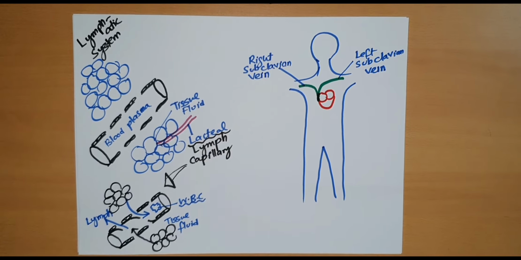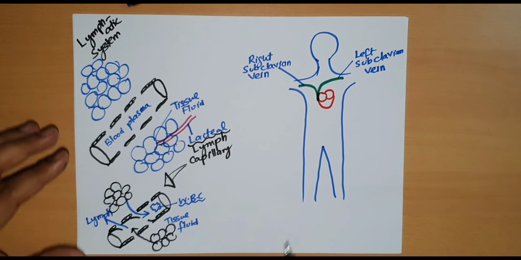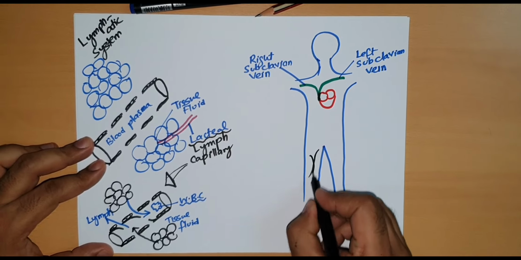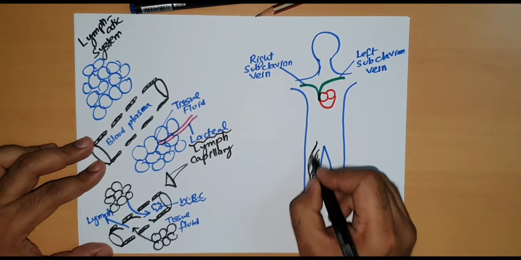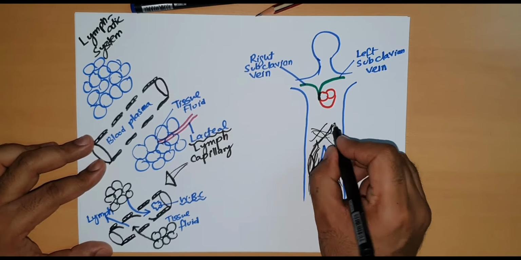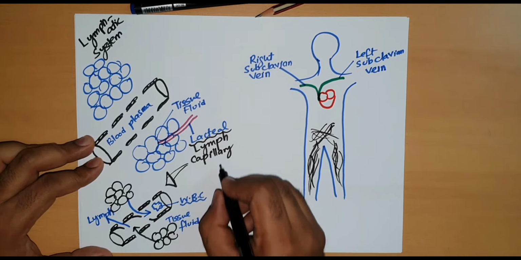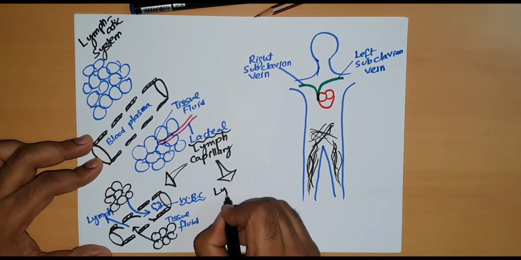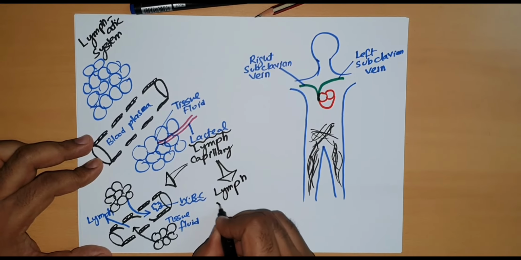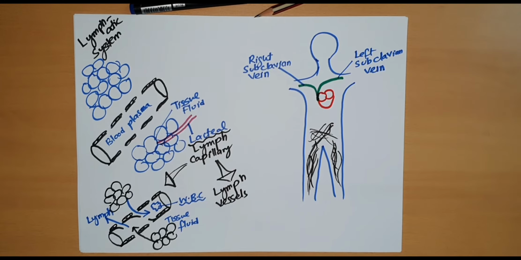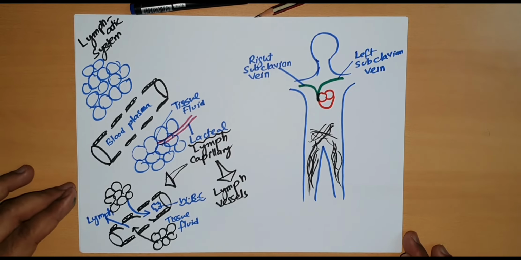Now, these lacteals or lymph capillaries join together from both legs. Remember one thing, when these lymph capillaries join together, they make lymph vessels. When we learned about blood vessels, we talked about how blood capillaries join together to make veins.